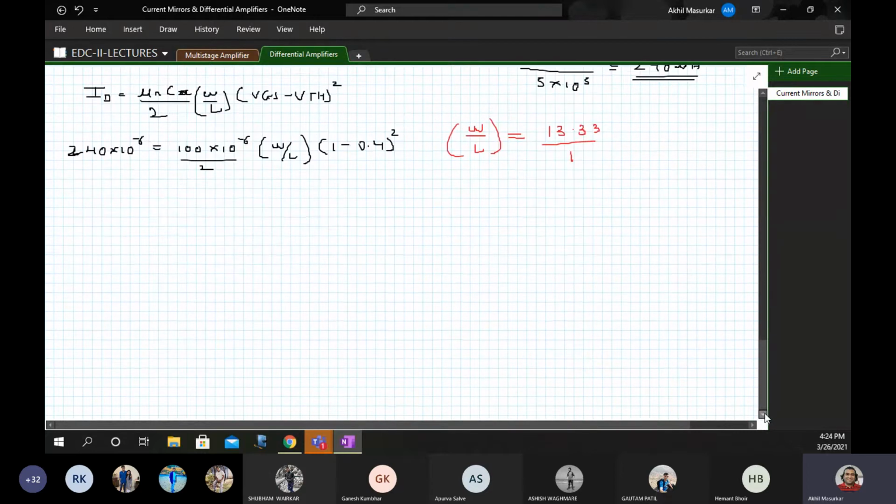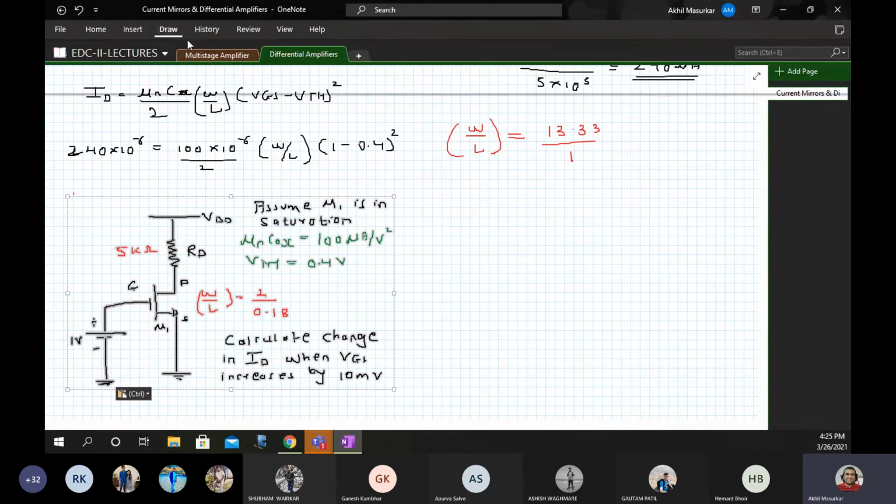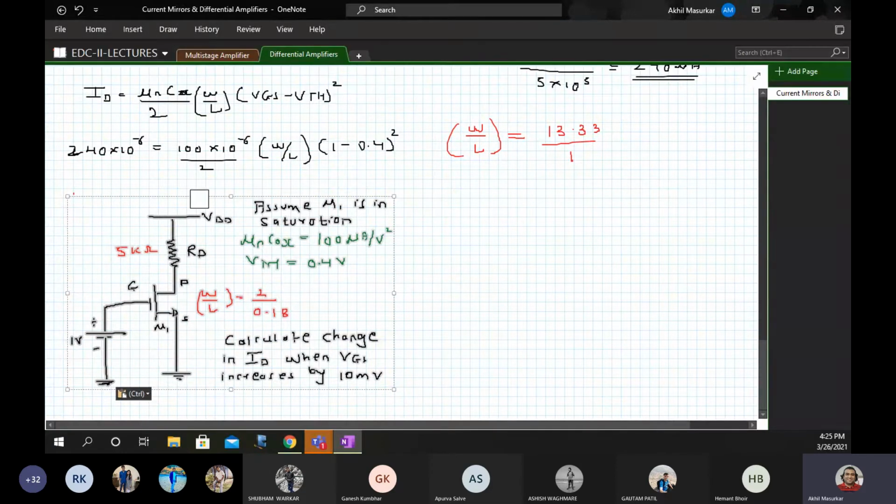So let's go to the next similar sum. In this, everything is the same, but now this is not given.